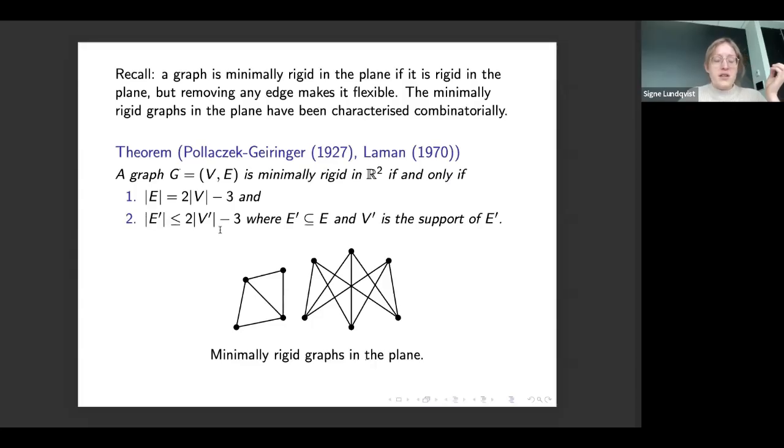And the second counting condition should just be interpreted as there are not too many edges in any subgraph. All right, so here are two examples of minimally rigid graphs in the plane. So I already showed you the square with a diagonal, but K33 also satisfies these counting conditions and is minimally rigid.